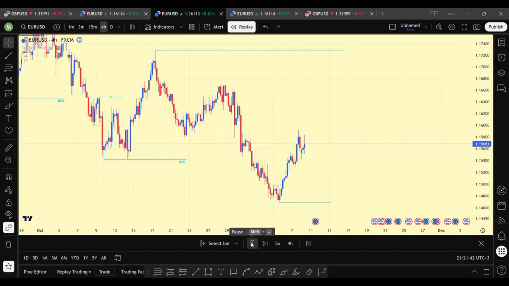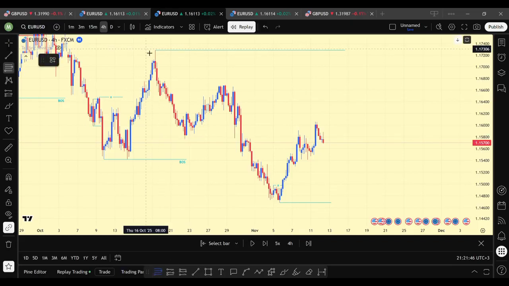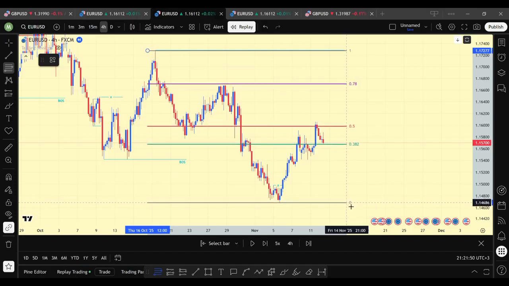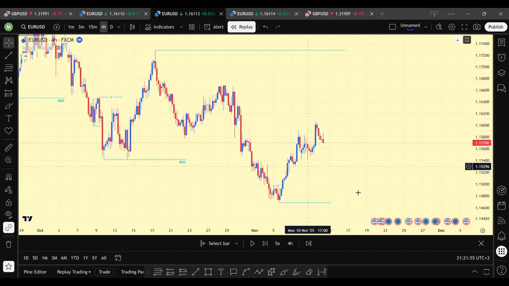All right, so as you can see, and by the way, this retracement is already deeper. Even if price reverses from where it is, you can clearly see the 38.2 was here, and price retraced even deeper to 50%. So if price now reverses back and breaks past this one here, it will be a valid break of structure.